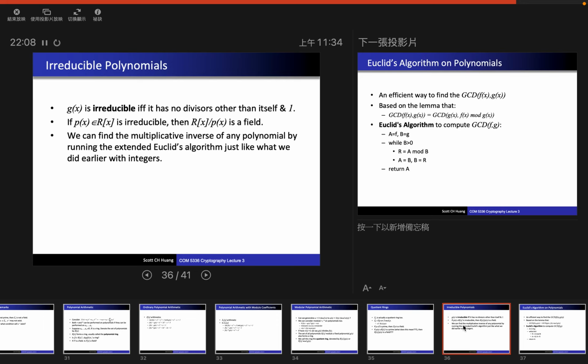Okay, we can fill out these blanks with only zeros and ones. So we only have 4 possibilities: 1 0, 1 1, 0 0, 0 1. So only 4 polynomials in linear terms. 0 0 is just 0, and then we have 1, and then 1 0 is x, and then 1 1 is x plus 1.